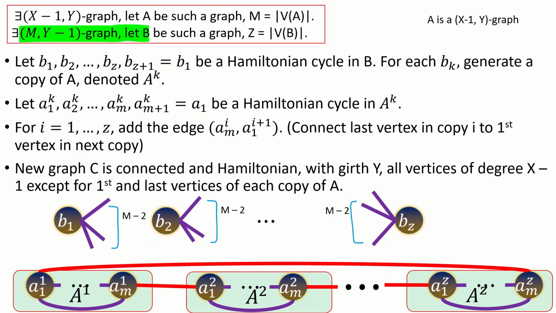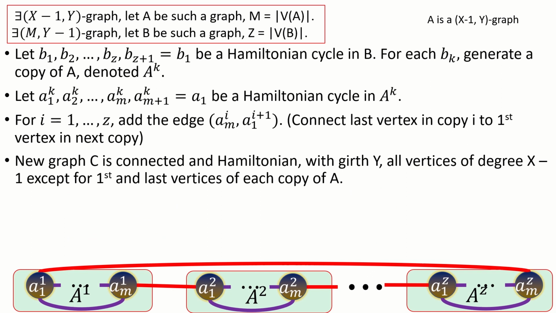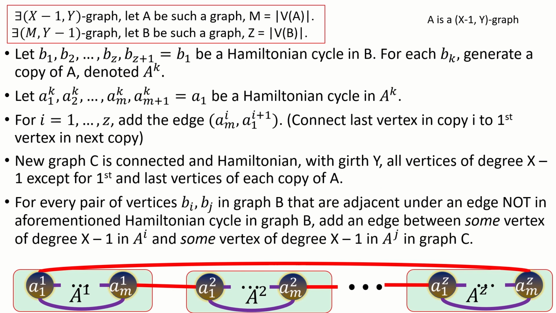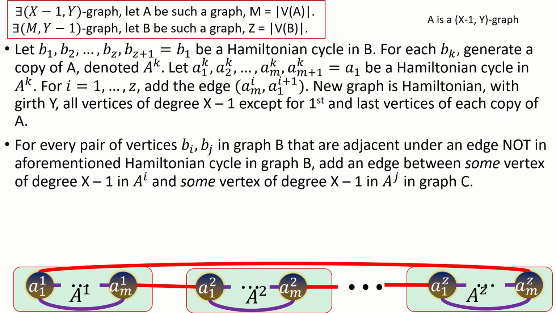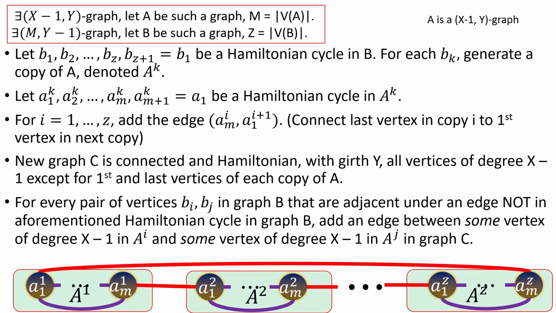Keeping these facts in mind, for every pair of vertices b sub i and b sub j in graph B that are adjacent through an edge not in our Hamiltonian cycle, join some vertex of degree x minus 1 in copy i of graph A to some vertex of degree x minus 1 in copy j of graph A. In other words, for each edge in graph B that's not in graph B's Hamiltonian cycle, we produce an edge between the copies of A corresponding to the endpoints of that edge.